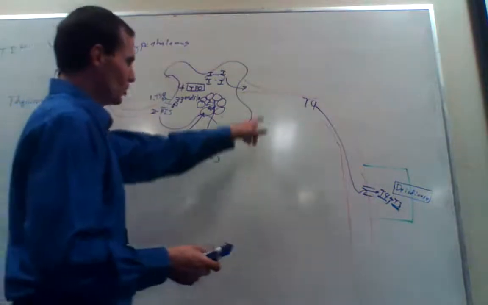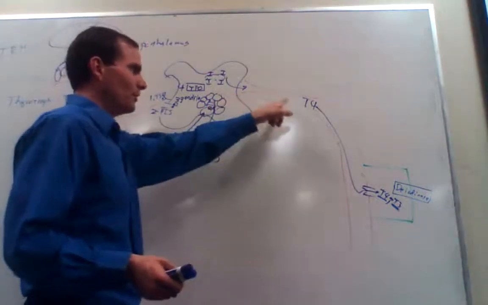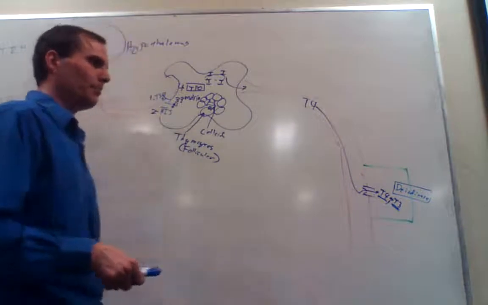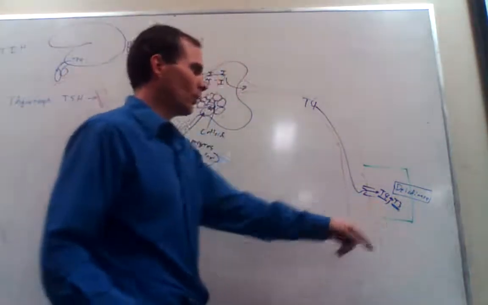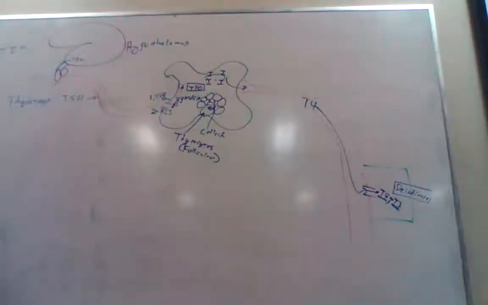Now, you might ask, why does the thyroid send out an inactive form? Part of the reason is because each cell that receives T4 can break it down to T3 at a rate that it specifically needs for itself.